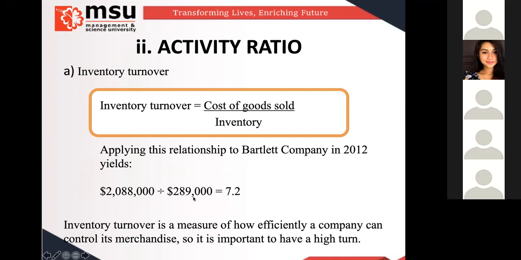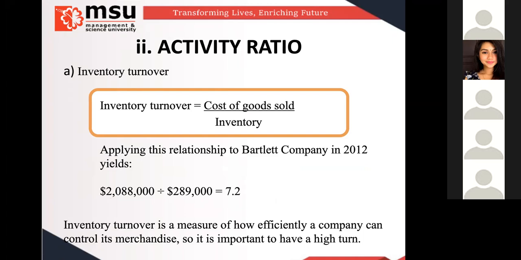You can find this in the balance sheet, and the answer is 7.2. So 7.2 refers to the effectiveness of the company's inventory turnover, how fast the company is able to restock their products.